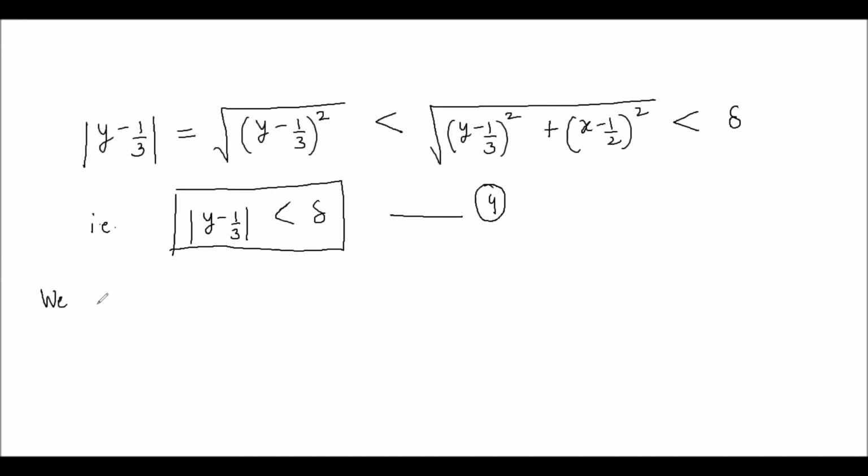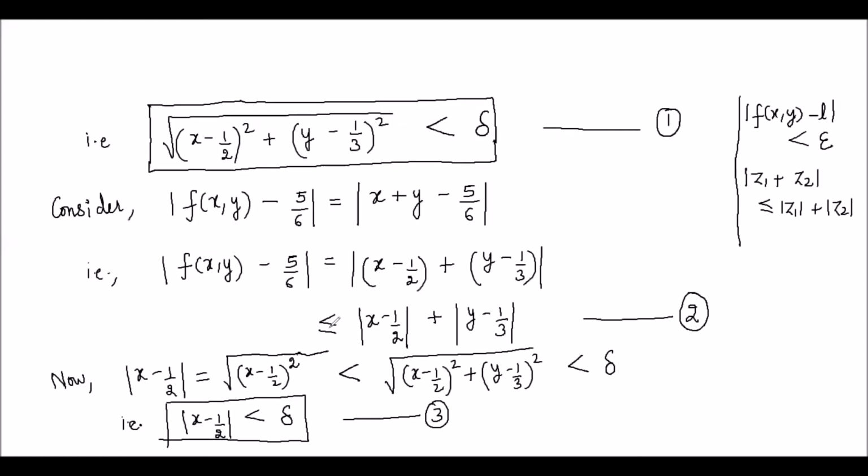We get mod of f of x y minus L, where L is here 5 by 6. Previously we had the sign of less than or equal to. But now we are saying that mod of x minus 1 by 2 is less than delta in equation 3, and similarly in equation 4 that mod of y minus 1 by 3 is less than delta. So now we will have only less than; we don't take the sign of equal.